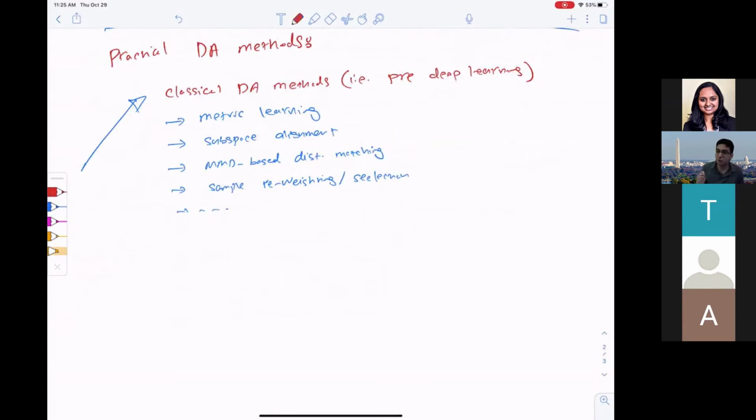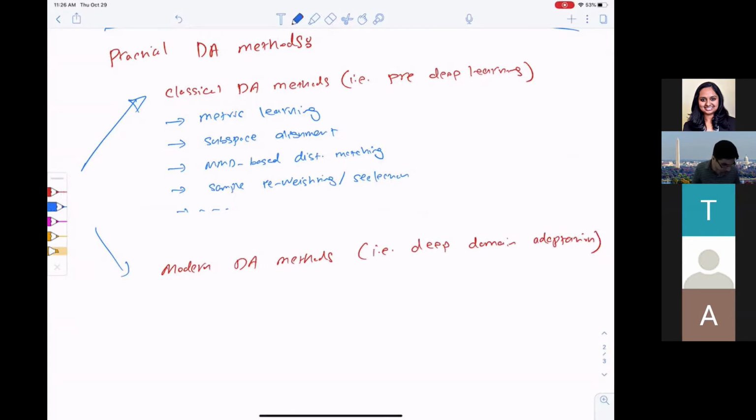Here, in this lecture, we are going to focus on modern methods. By modern methods, I mean methods based on deep learning, deep domain adaptation methods.